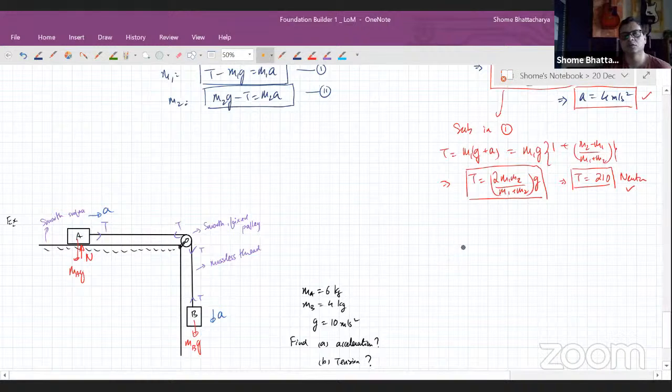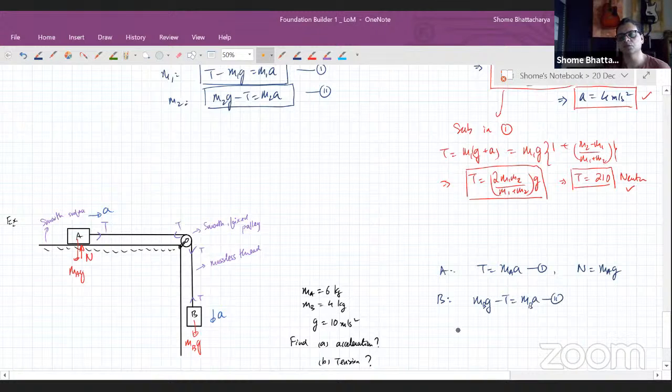For the block A, we'll have the equation that horizontally tension is equal to mass into acceleration, and vertically normal reaction is balancing weight. Whereas for the block B, we'll have the equation weight minus tension is equal to mass into acceleration. Again, we are taking the downward direction as positive because the acceleration is downward. So again, add equation 1 and 2.